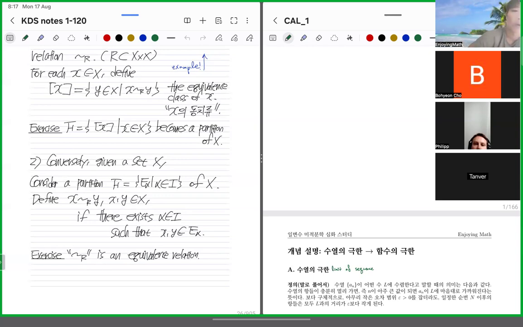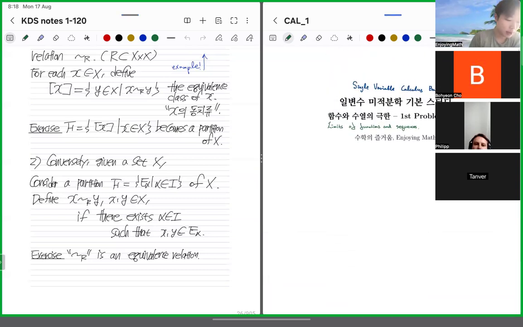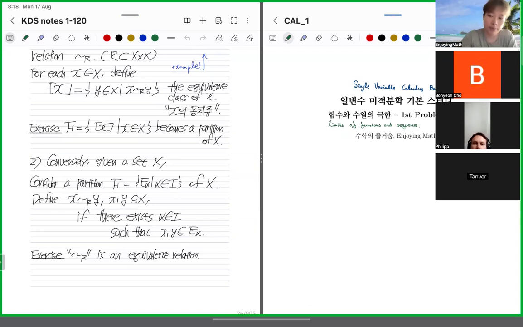So I hope today we go through this exercise together. I mean, not a full formal writing of this proof, but at least the logical deduction and the logical idea of this proof. And then the other way is on your right side, there's a note.